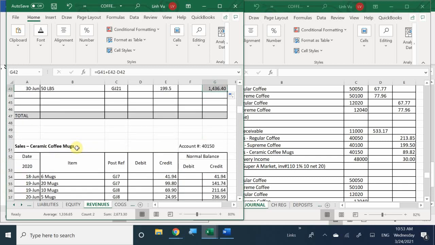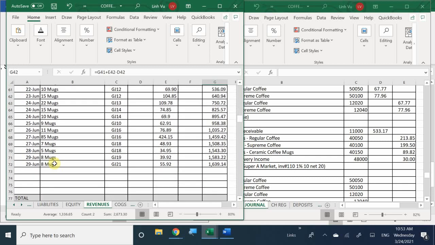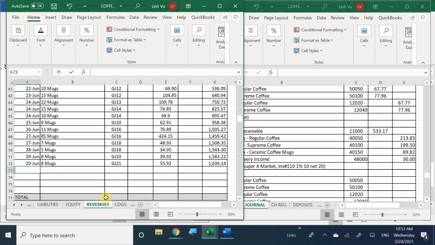Okay. How about coffee mugs? How many coffee mugs did I sell? Coffee mugs 18. We sold 18 mugs. Awesome. All right, General Journal 21.